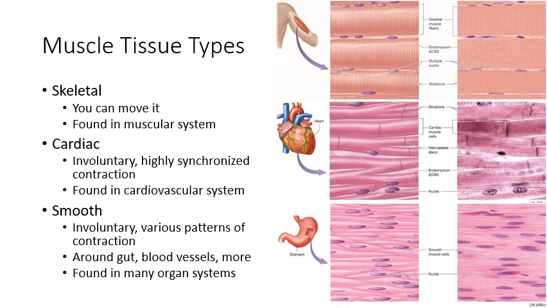Finally, you have smooth muscle that is also involuntary, and it's more varied. So it can do different types of contraction depending on where it is and what's needed. It's found in many places throughout the body.